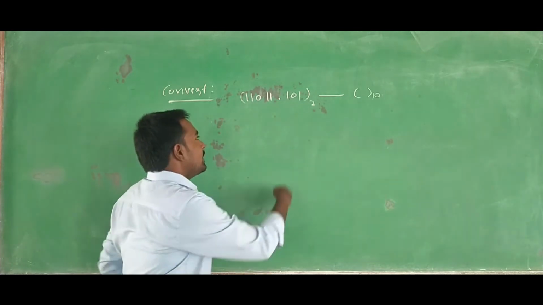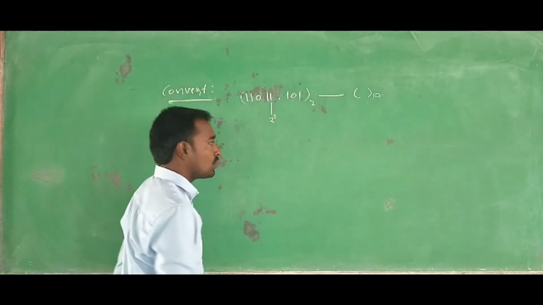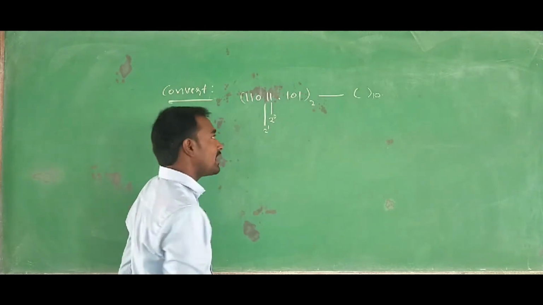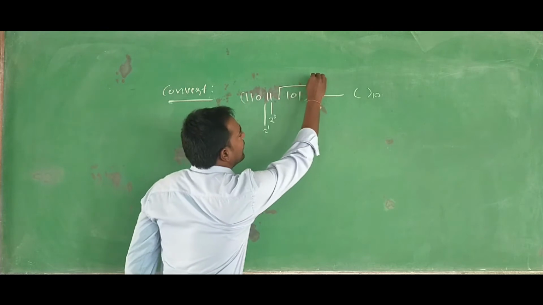For example, here this indicates the position of 2 to the power of 0, and this one indicates the position of 2 to the power of 1, and this is called the fraction point or break point.